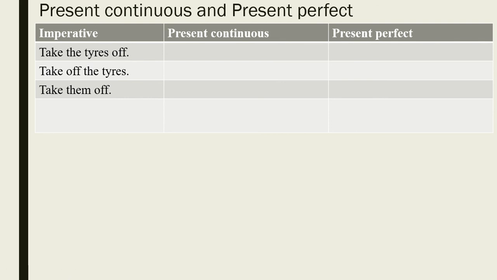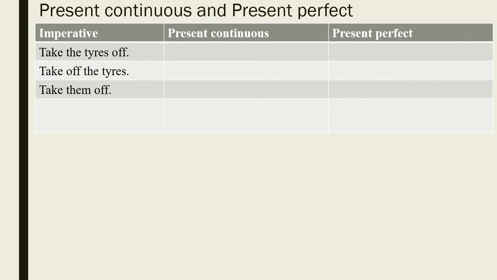We will respond to the instructions using present continuous to indicate that we are still doing the task, and we will respond using the present perfect to indicate that we have done the task. Let's start. The first one here is take the tires off. Here the object is between the verb and the adverb. It's a noun.